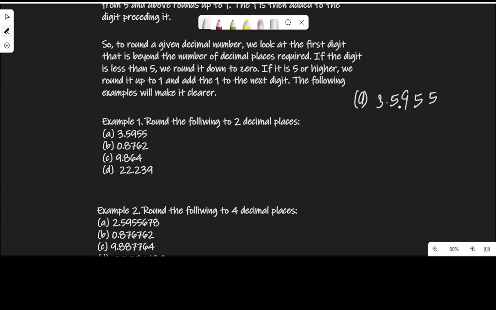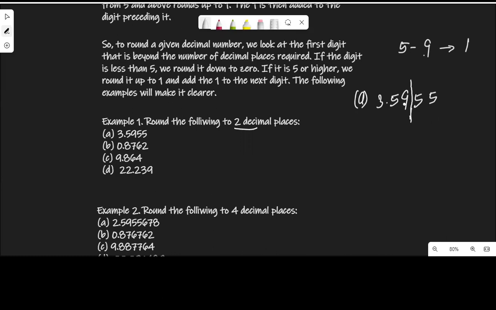The 2 decimal places are right here, let me use a line to demarcate it. The next digit after the 2 decimal places is 5, and recall that numbers from 5 to 9 round to 1. So this 5 we round to 1 and then add it to this place. 5 rounds to 1, and 1 plus 9 is 10.